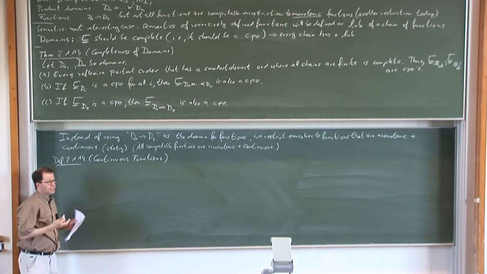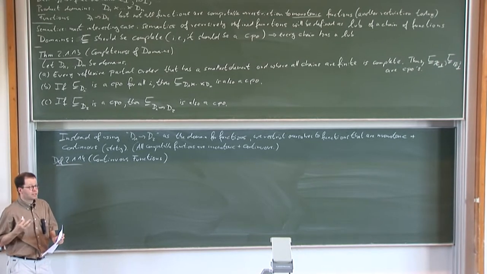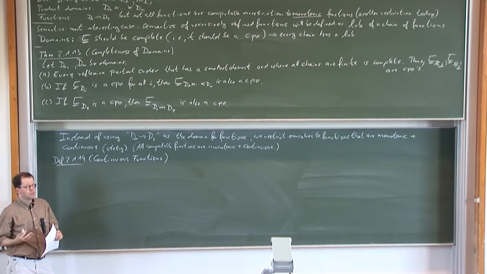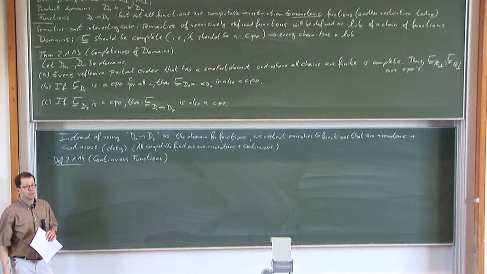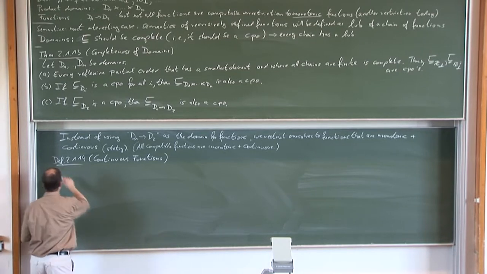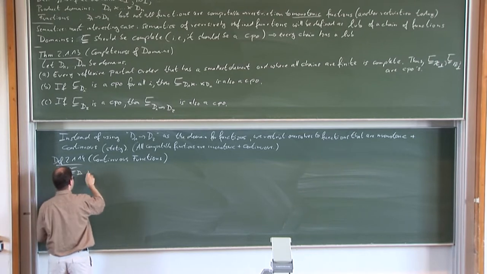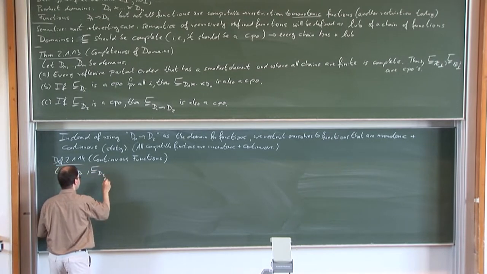Okay, so how is it defined? We take functions from D1 to D2, and we now assume that for both D1 and D2, the relation less defined or equal is a CPO, so it should be complete. Every chain should have a least upper bound. So let this be D1 and D2.